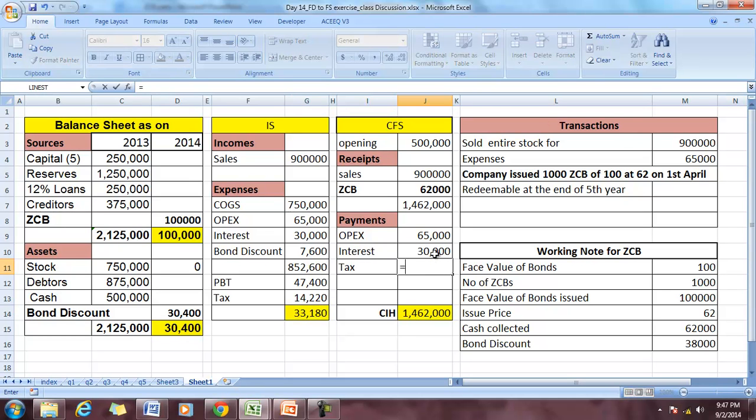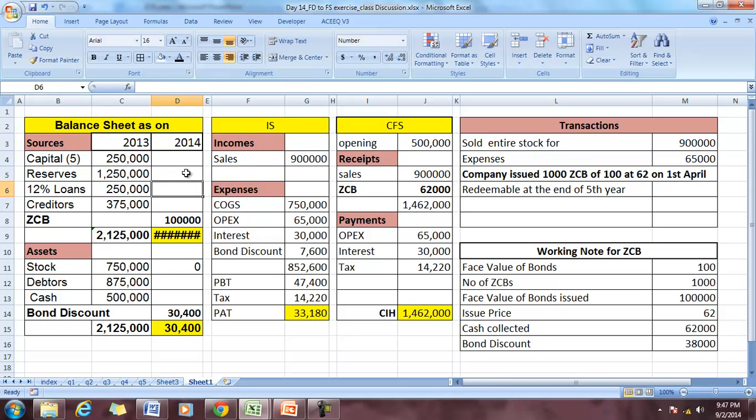So 14,220, and this is PAT. If no information is given, we will take the entire PAT to be retained. So entire PAT is transferred to the reserves.